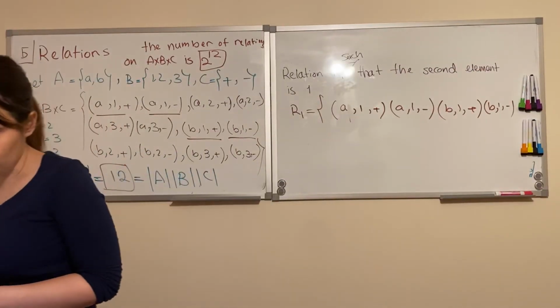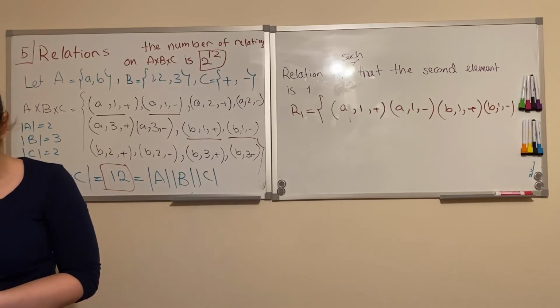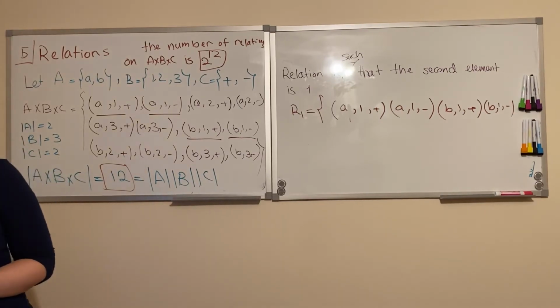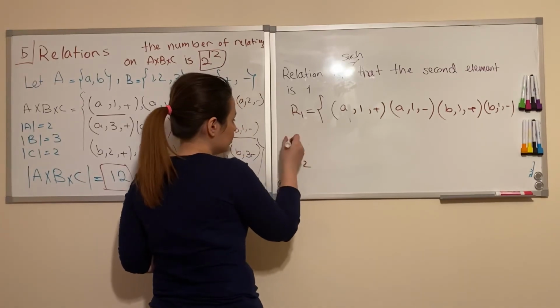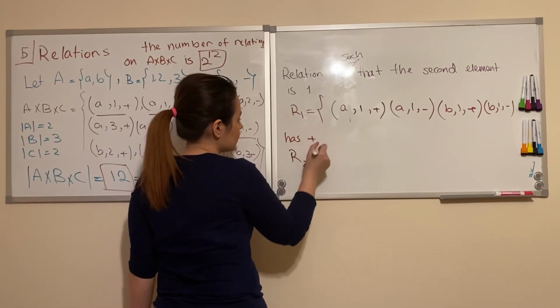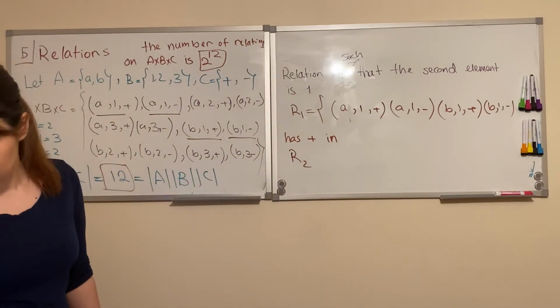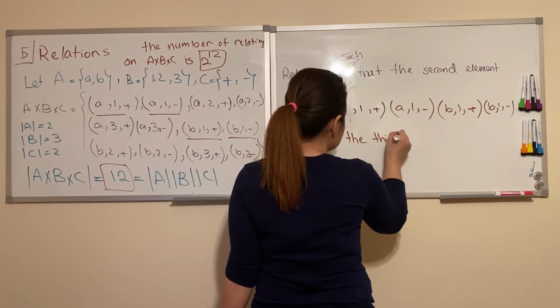And relation R2 in this example is the one defined by taking those triples that have plus sign in the third coordinate. So R2 has plus sign in the third coordinate.